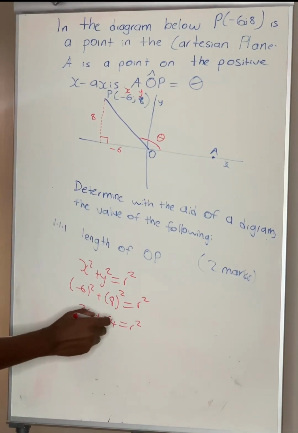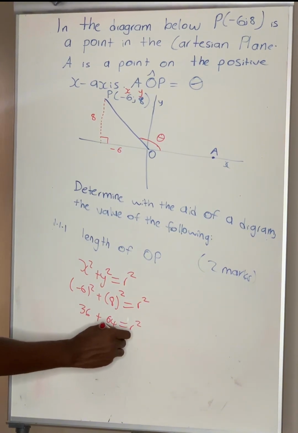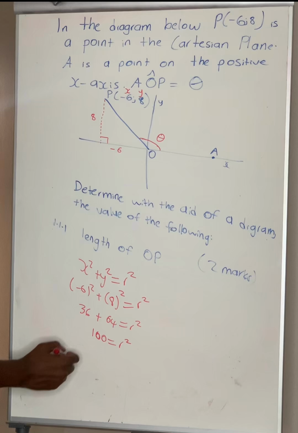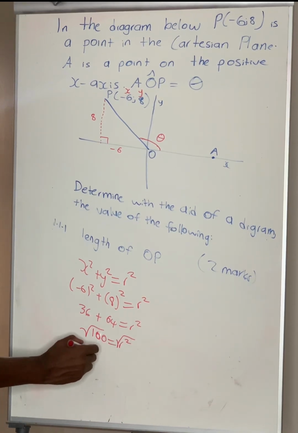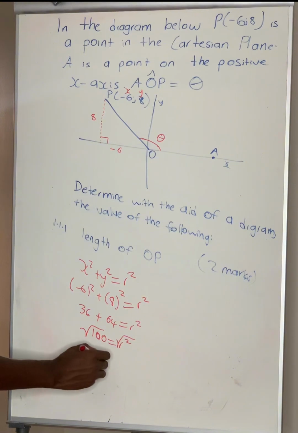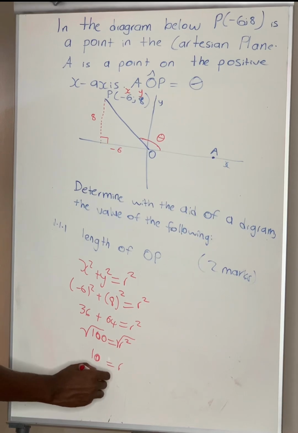Then 36 plus 64 should give you 100, is equal to r squared. And then from there you find the square roots of both sides. 10 is equal to r. So the length of OP is 10 units.